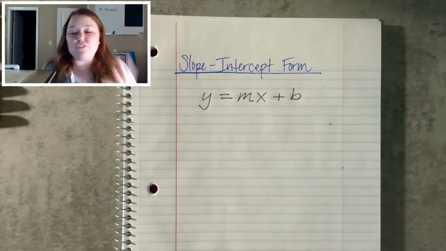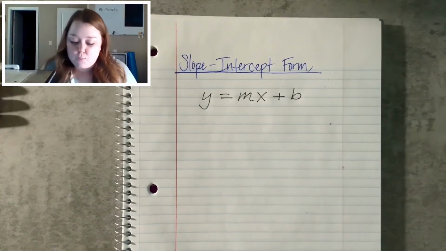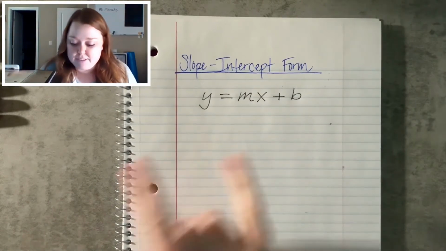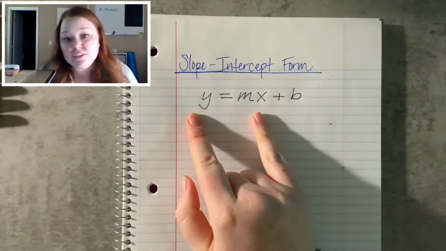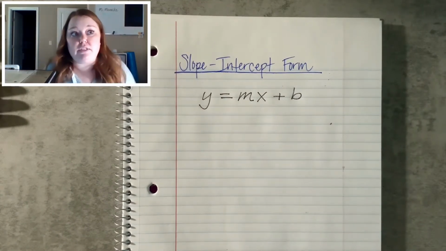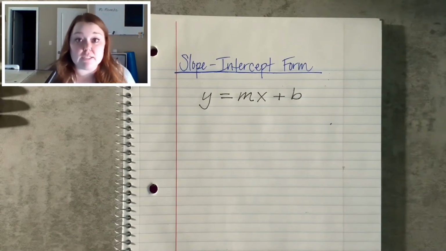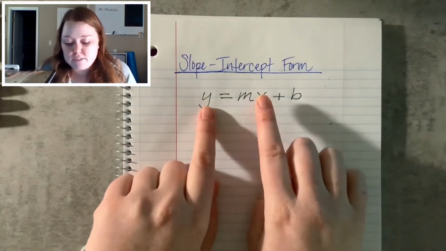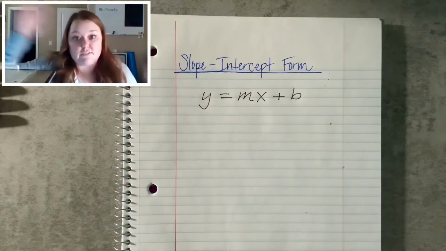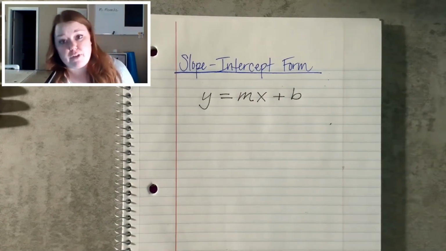Whoa, that's 4 variables, 4 letters. Well, the x and the y are just standard in a linear equation, because a linear equation is a relationship between x and y coordinates on a graph. But m and b are actually very important variables.